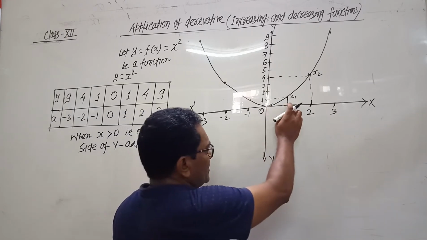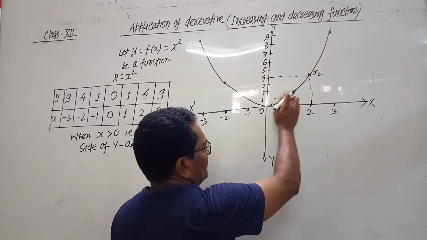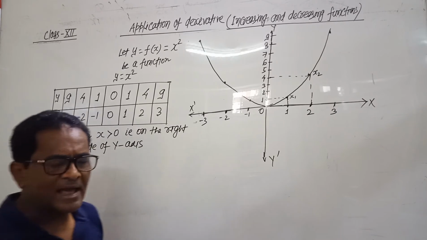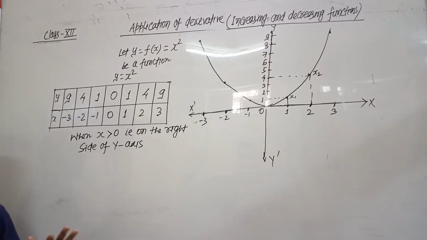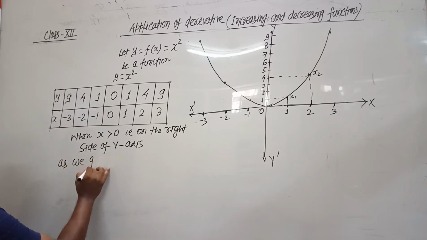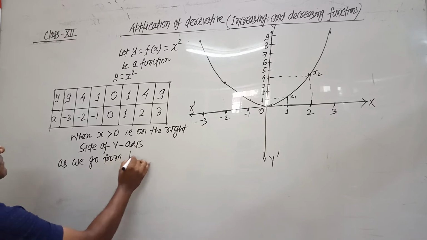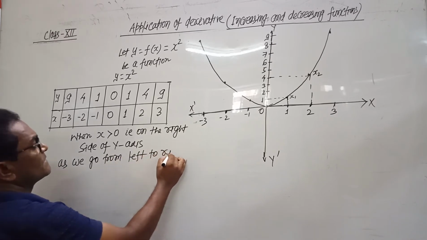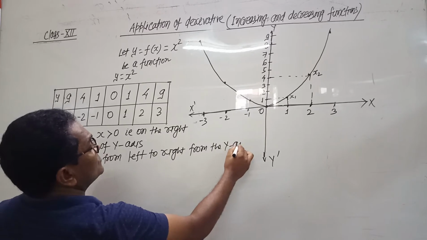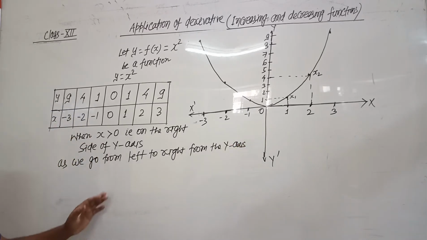The value of x is increasing, and y is also increasing: at x equals 1, y is 1, and at x equal to 2, the value of y is 4. So as x increases, the value of y or f(x) also increases.